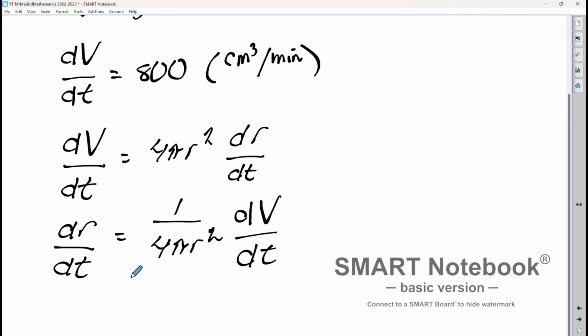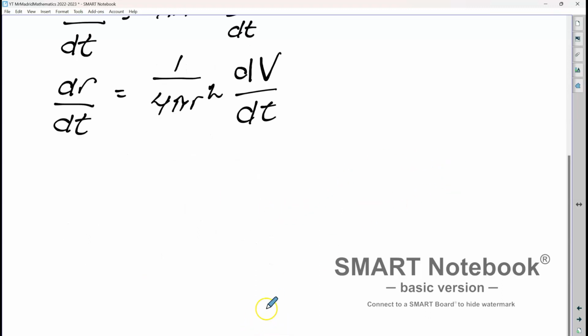Now, where do we go from here? We were given this rate, right? So let's plug that in so that this formula becomes that much more appropriate to this given scenario.